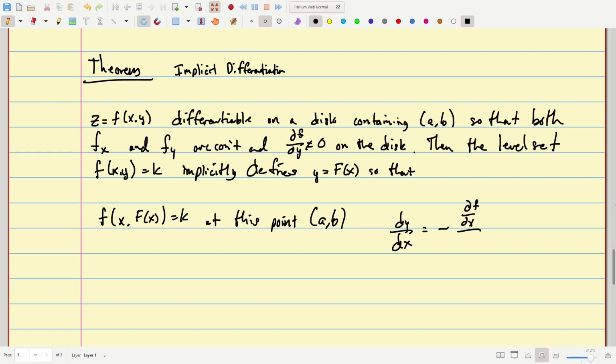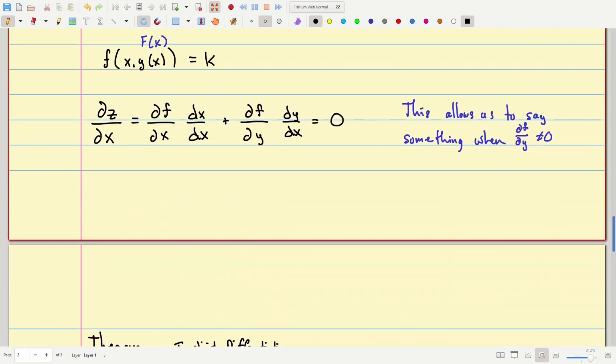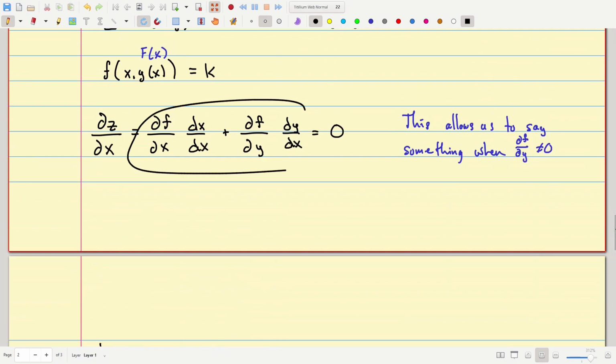Partial f, partial x, partial f, partial y. So it looks like that. Okay, so this expression comes from our previous work here.